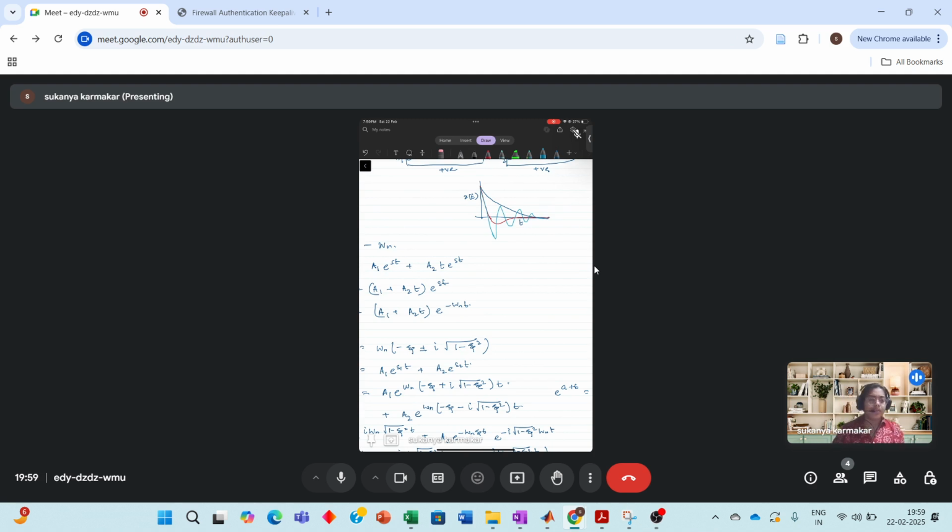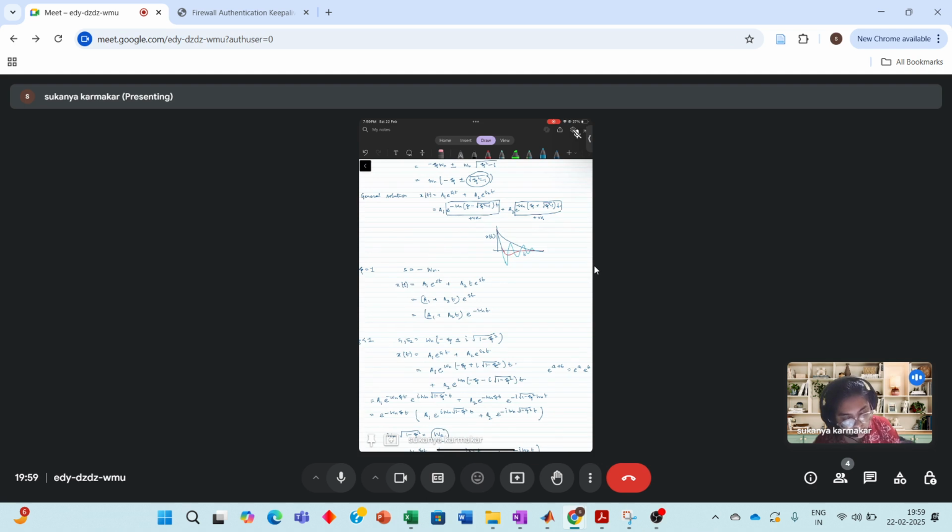So it will show oscillation. The light blue is zeta less than 1, dark blue is zeta greater than 1, and this is when damping is critical, zeta equal to 1.